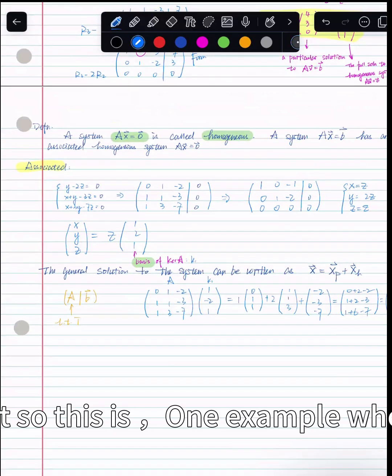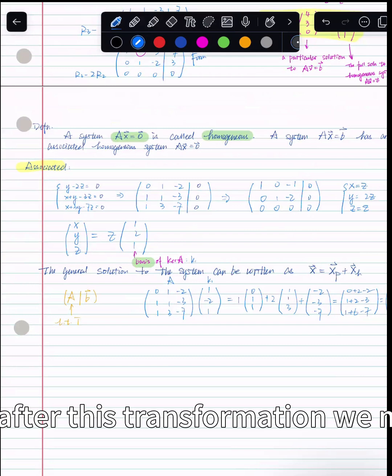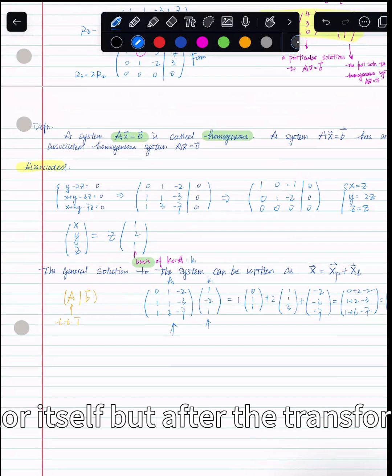So this is one example where we multiplied the transformation by something in the kernel, but not the zero vector itself, and after the transformation, we also get the zero vector.